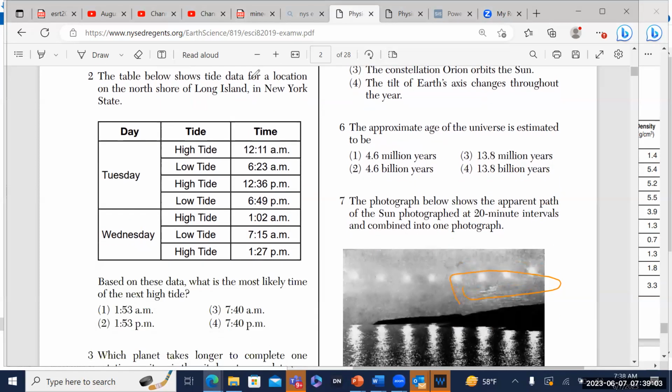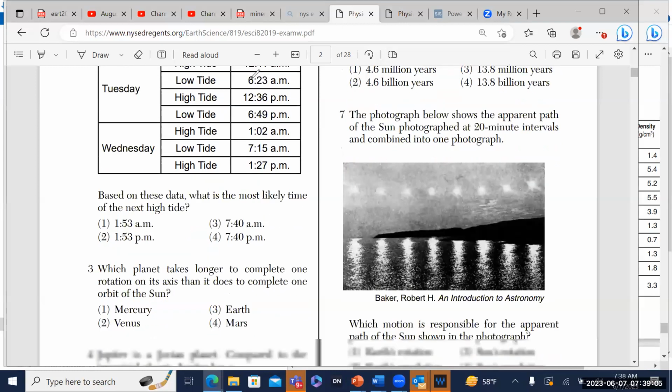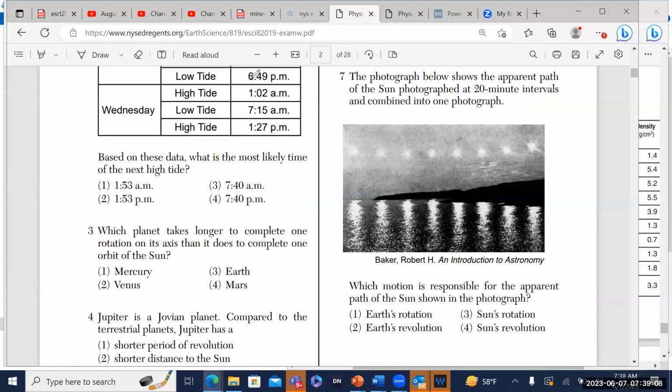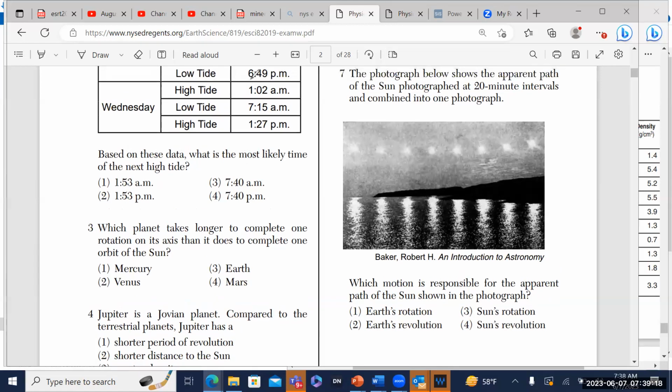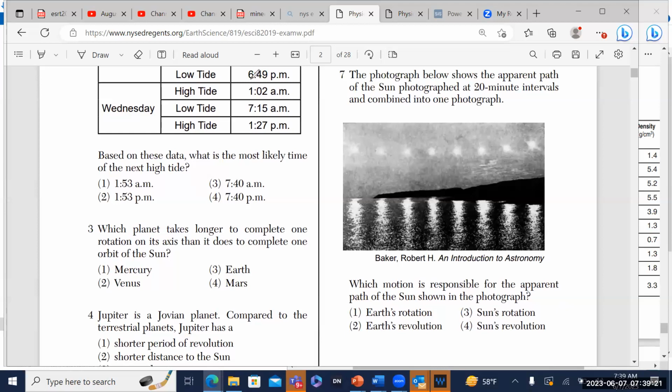Number 7, it says a photograph below shows the apparent path of the sun photographed at 20-minute intervals and combined into one photograph. Which motion is responsible for the apparent path of the sun shown in the photograph? So we know the apparent path of the sun, right? Obviously the sun is not physically moving throughout the day.